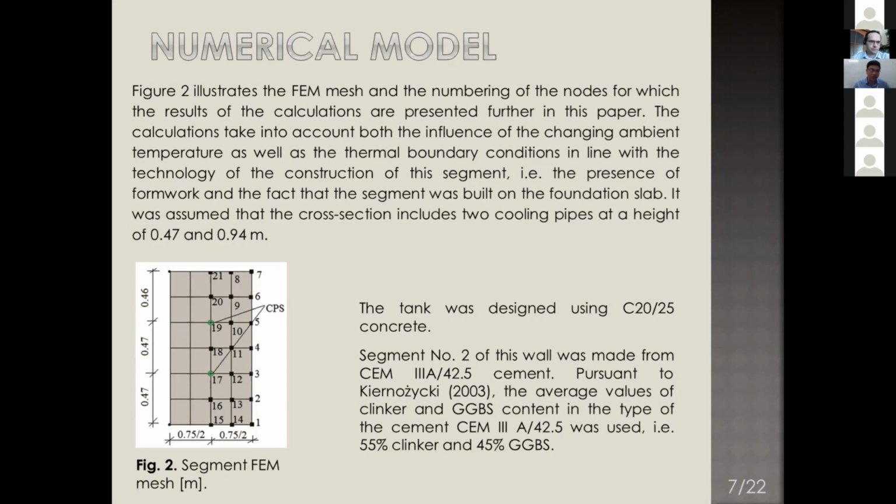The cross section is assumed equal to the cooling pipe at the height of 0.45 and 0.54 meters.